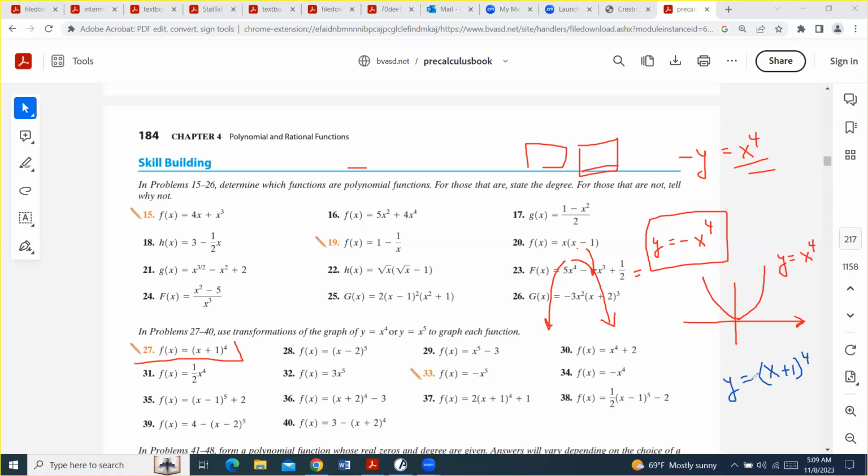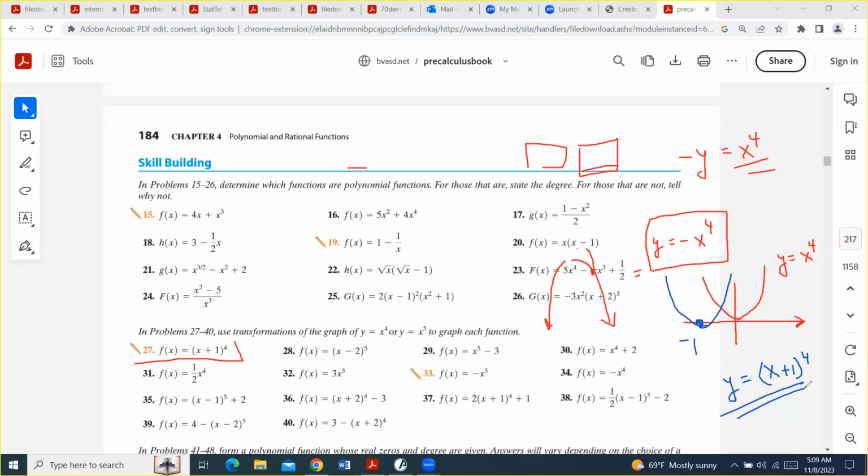Well, since the 1 is in the parentheses, we're going to have this x to the 4th graph shifted by 1 unit horizontally, not vertically, not up or down, but actually 1 unit to the left. So this way, we get the graph of that blue function, (x plus 1) to the power of 4.